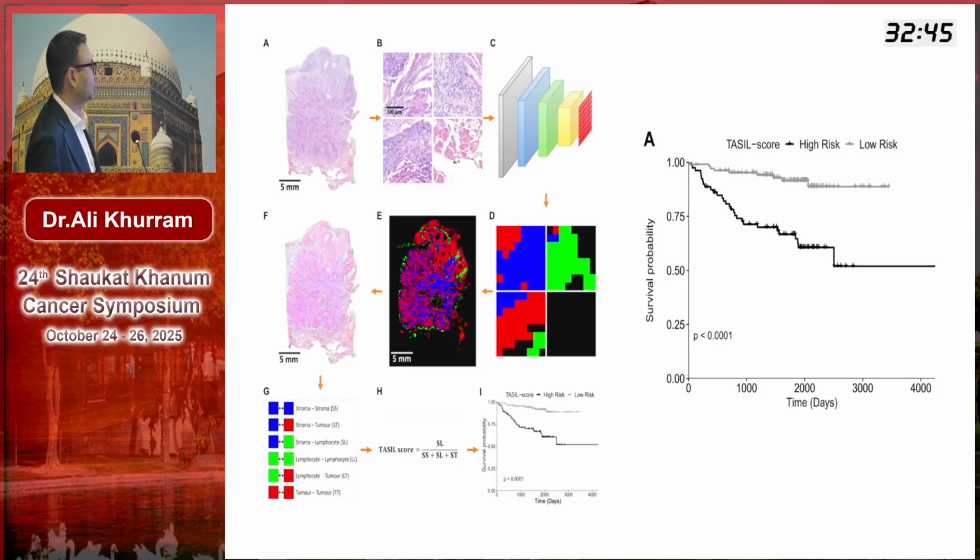Then we try to localize or identify where those lymphocytes were, or what type of lymphocytes they were, so whether they are inside or close to the tumor, whether they're in the stroma, etc., because we wanted to look at the ones that were relevant and close or in the stroma adjacent to the tumor. And here you can see an example of this stromal lymphocyte score and how predictive it is in terms of patient survival over the next 5 years.